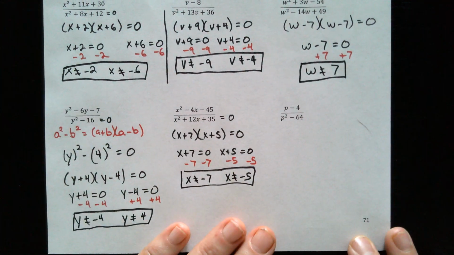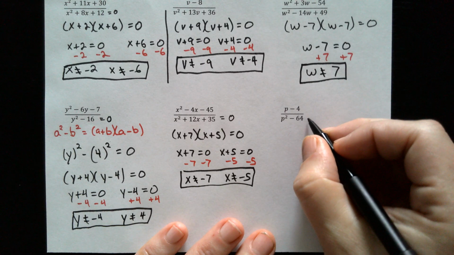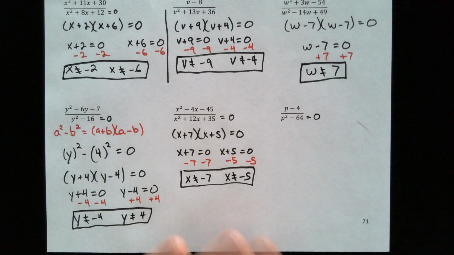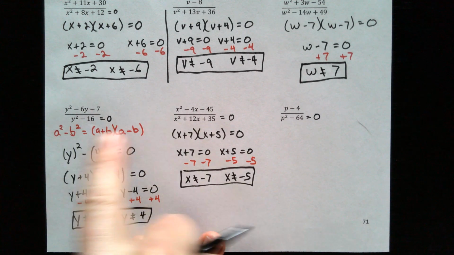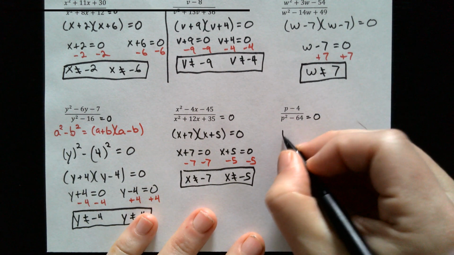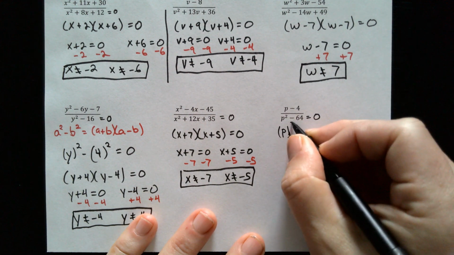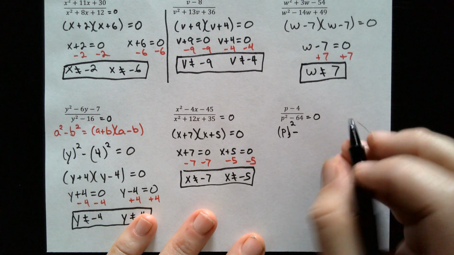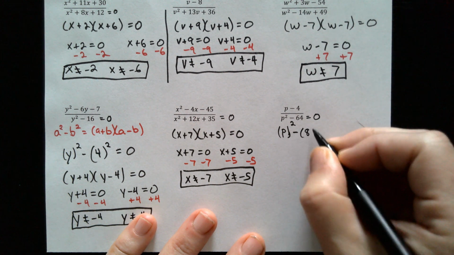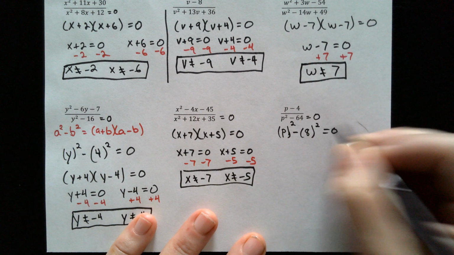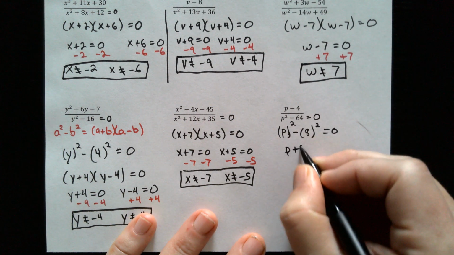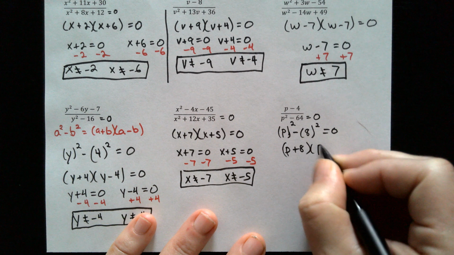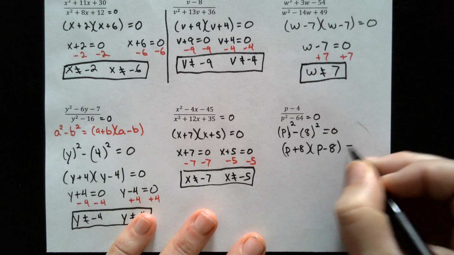Okay, and then the last one, this one can be done with a difference of squares formula. This one right here, we've got p is our first term, so that one's squared, minus what number squared gives us 64? 8. Okay, so this becomes p plus 8 and p minus 8 equals 0.